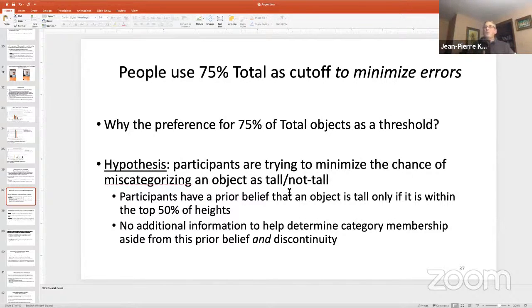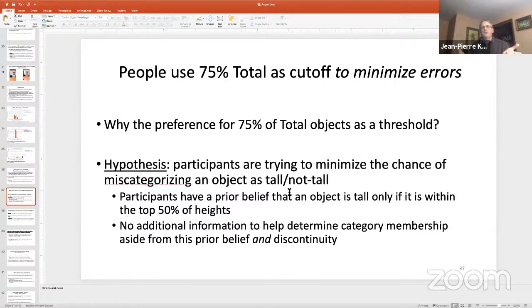They have a prior belief, as per experiment 2 we discussed, that an object is tall only if it is within the top 50% of height, so above the median. But they have no additional information about the weird, never-seen-before set of objects that they are presented with that would help them determine where the threshold is.